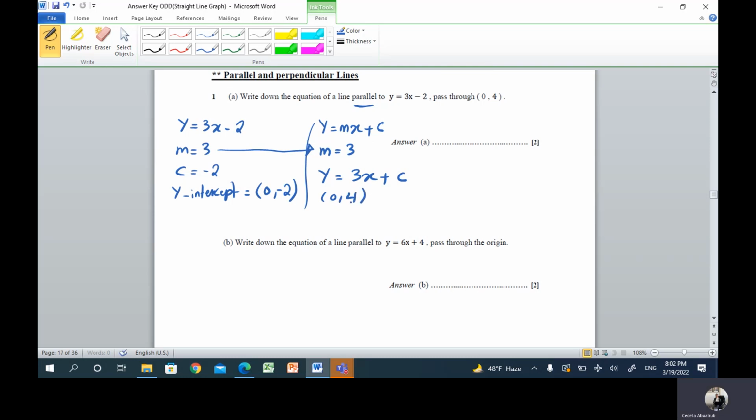We're going to substitute y as 4 and x as 0. So 4 equals to 3 times 0, plus c. And if you apply opposite operations here, c is going to be equal to 4. So c equals to 4.